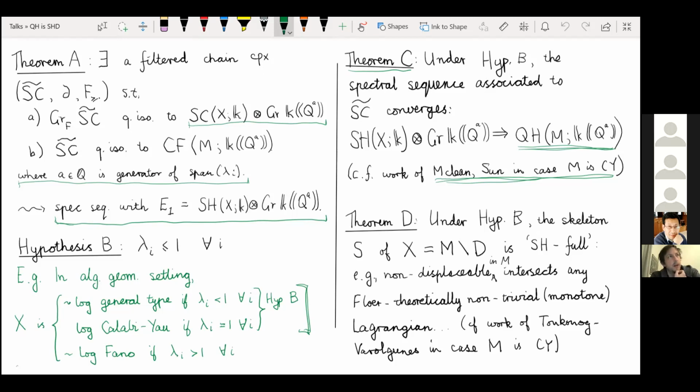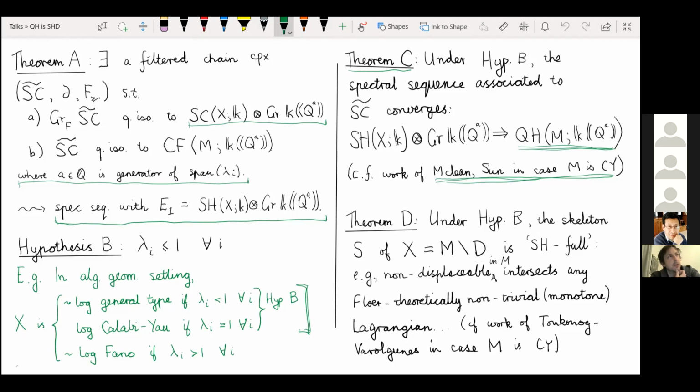Right. Whereas when this hypothesis is not satisfied, you can have objects of the Fukaya category of M which are disjoint from this skeleton. They just live somewhere else.